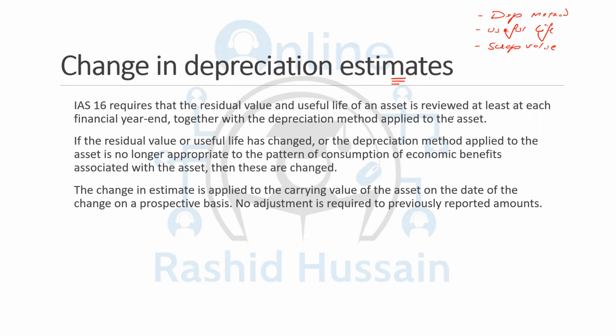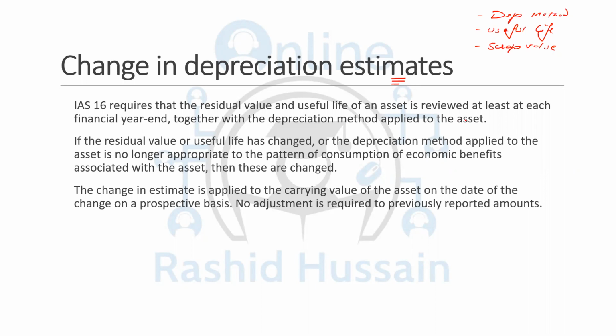For example, if initially we decided the asset is going to last for 5 years, but now you have realized that this asset is going to last for 8 years, because even after using it for 2 years, the asset efficiency remains the same. And now you think that it is going to work for a further 6 years. So are we able to change the useful life of the asset?